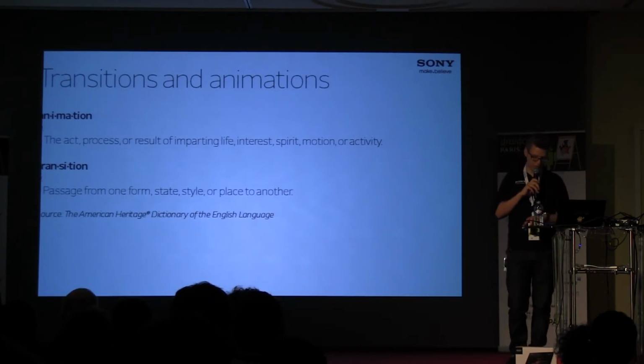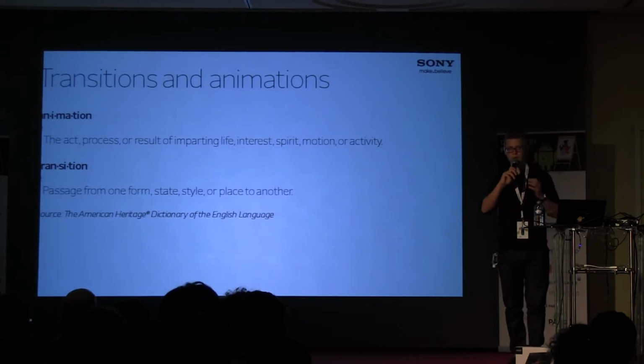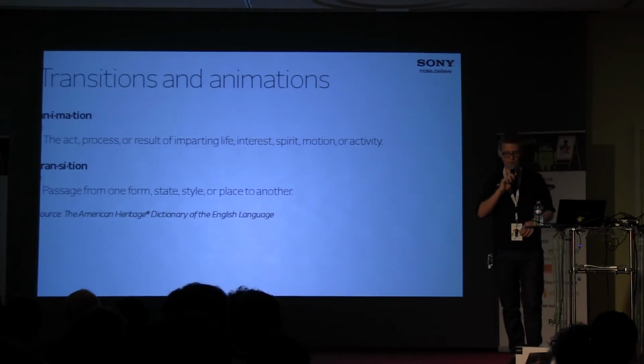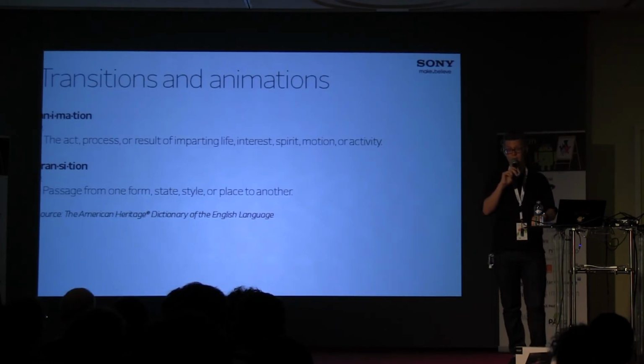I also want to clarify that when I talk about transitions, I'm talking about moving from one context to another, typically an application switch, or moving from one big fragment to the next, or something like that. Whereas animations refer to changes within the same context, so typically a button coming, going, or moving around, or something like that. You basically apply those to views.